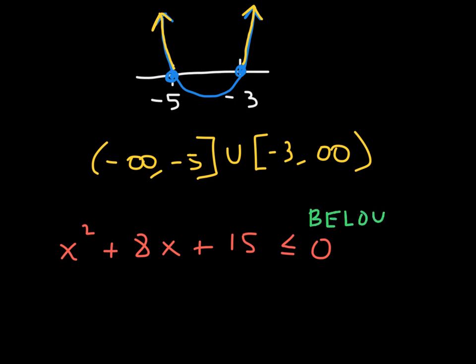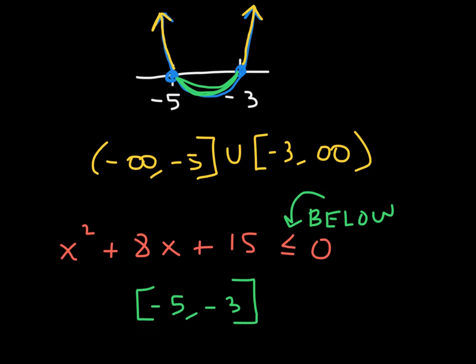That's what less than or equal to 0 means. So here's the below piece between negative 5 and negative 3. I think I said positive 3 earlier, it's negative 3. And these are brackets because this is a non-strict inequality.